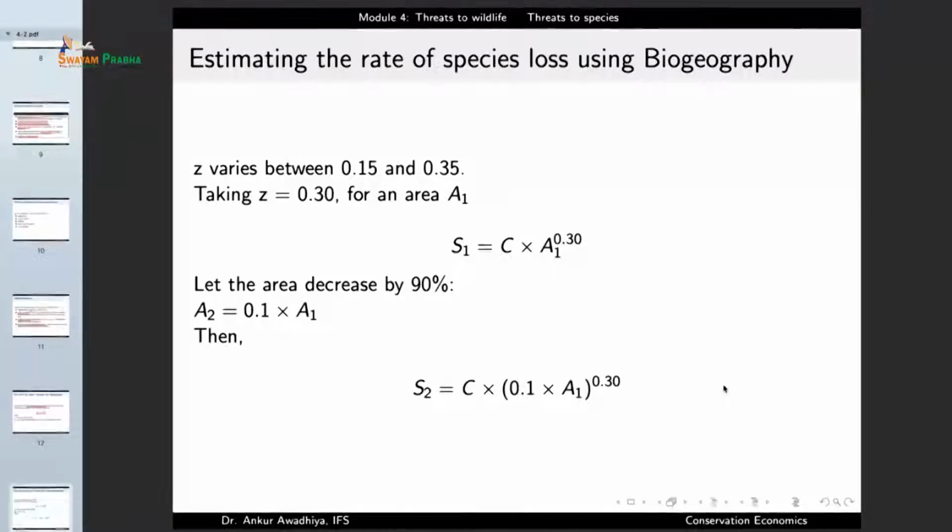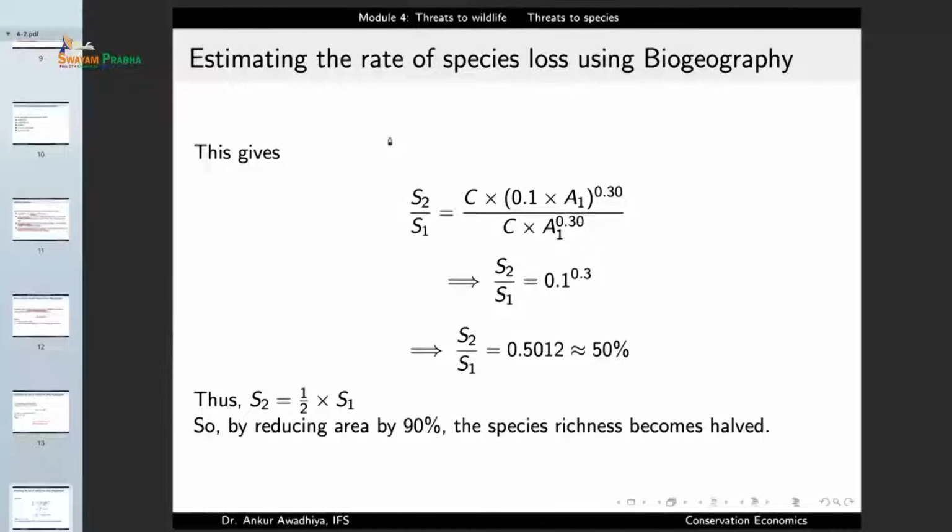So if we write A2 as 0.1 into A1, we will have the species richness now is C into A2, which is 0.1 into A1 to the power of 0.3, which means that if we take a ratio, we'll find that S2 by S1 is approximately 50%.